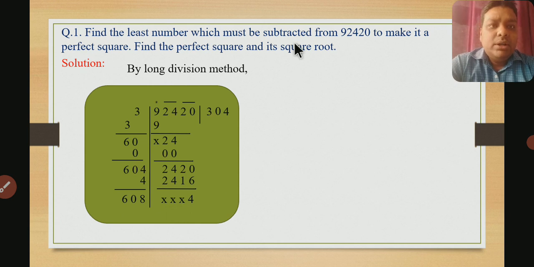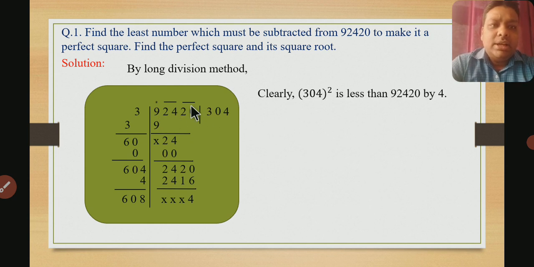It means what? The question is saying to find the least number which must be subtracted. So if the remainder is 0, in that case it will be a perfect square. It means if we subtract this remainder from this number, then we will get the perfect square. So clearly we can say that 304 square is less than 92420 by 4.